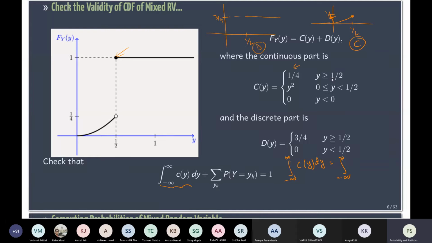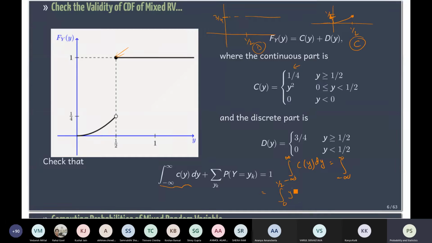So basically from 0 to infinity. But the range of y beyond half is 0, so we have to do it between 0 and half only, because we integrate this only up to the range. So it's below 0, and 0 to half, basically half included, and beyond that is 0.